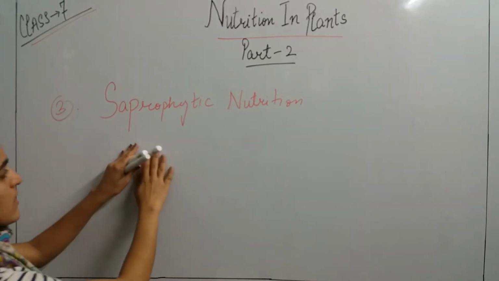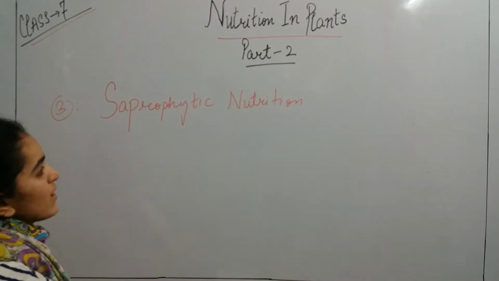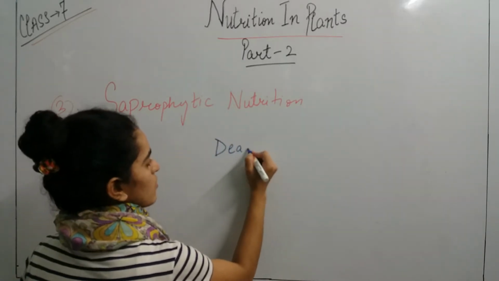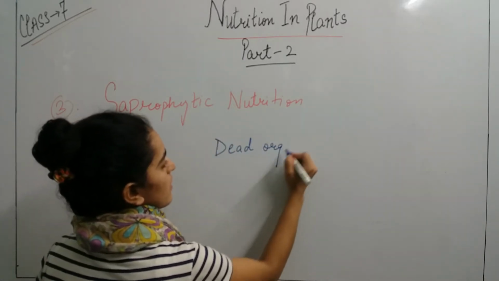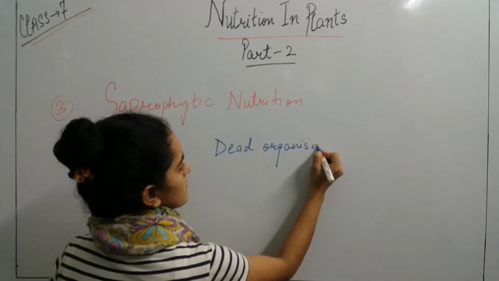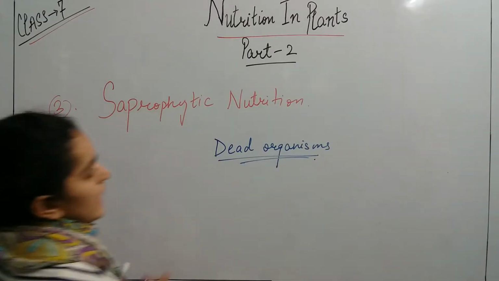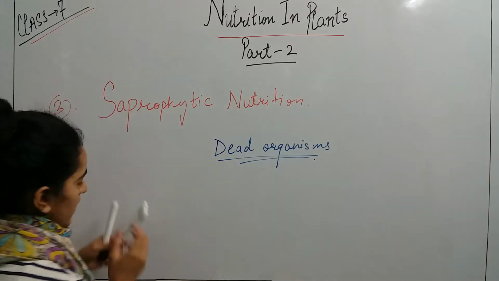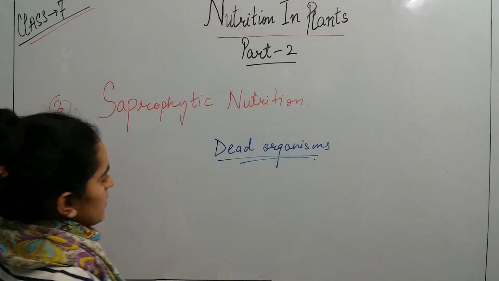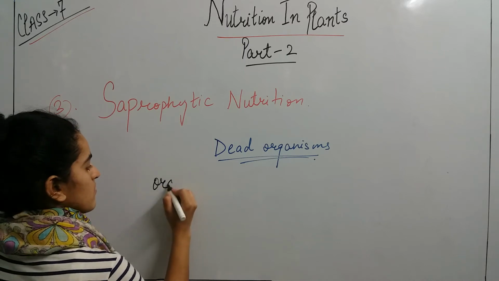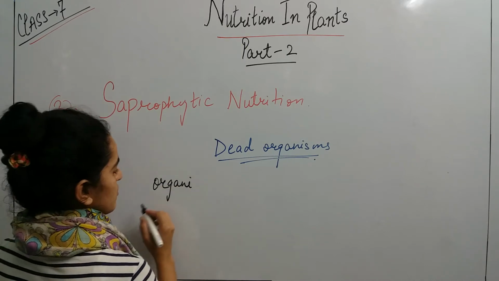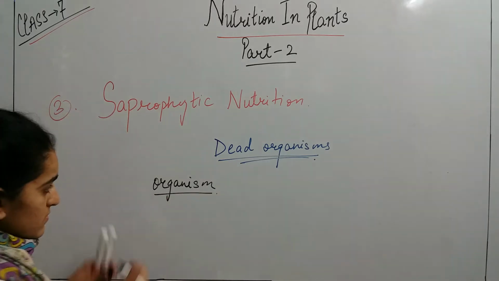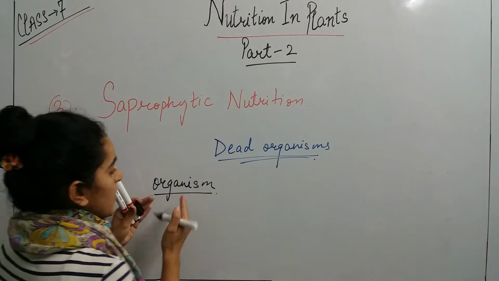This is related to dead organisms. Dead organisms से कैसे related है ये? एक organism है. Here is an organism. Let us assume this organism is dependent.